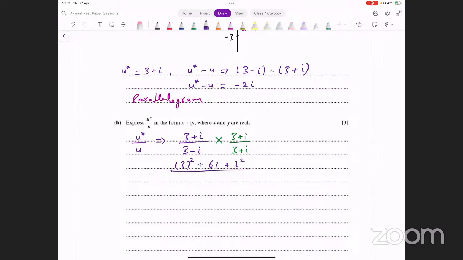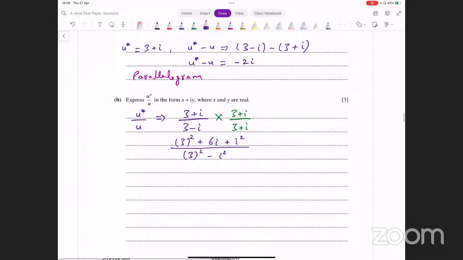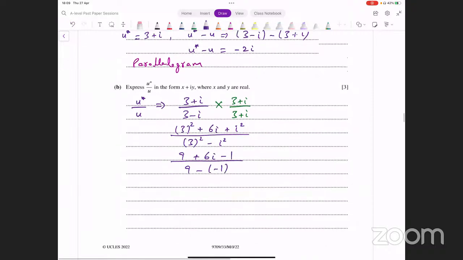And in the denominator, we get A minus B into A plus B. That's A square minus B square. So that's 3 squared minus iota squared. Let's simplify this. In the numerator, we have 9 plus 6 iota. Remember, what is the value of iota square? -1. So we have -1 here. Divided by 9 minus iota square, which again is -1. So we have 9 minus -1.